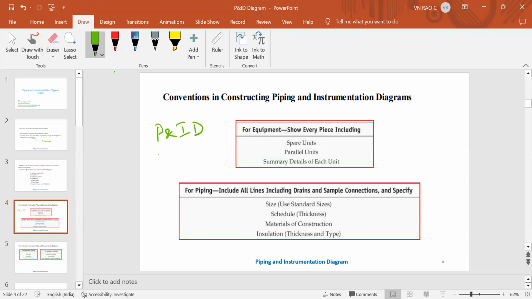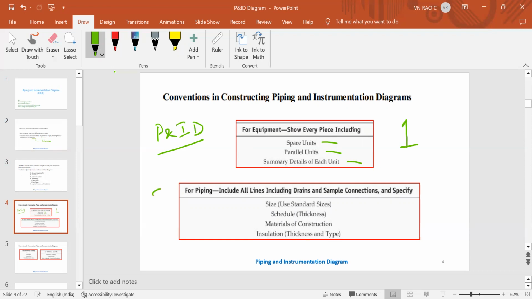Constructing a P&ID diagram is the job of a design engineer or planning engineer. Number one is equipment. What needs to be shown? Spare units, parallel units, and summary details of each unit.